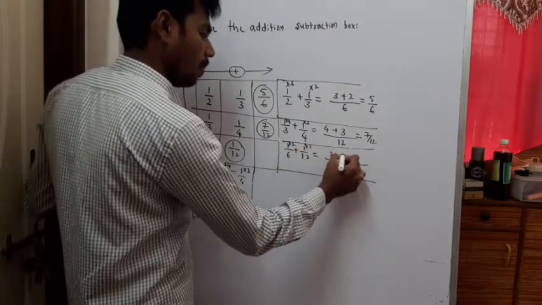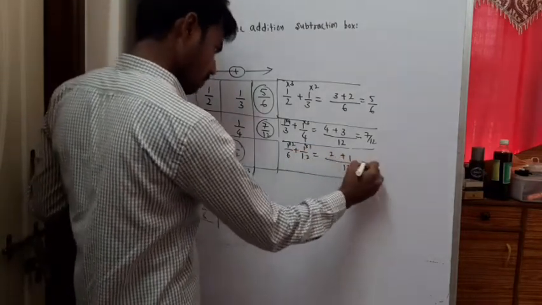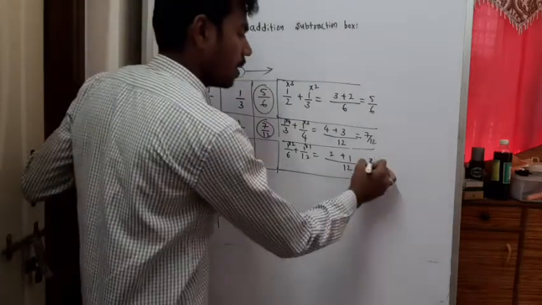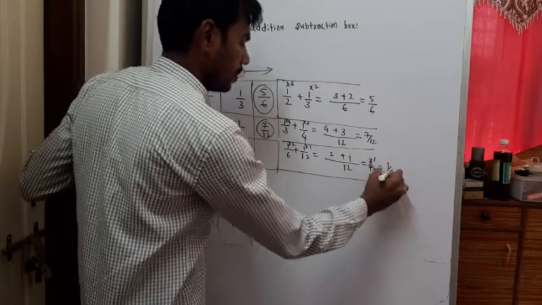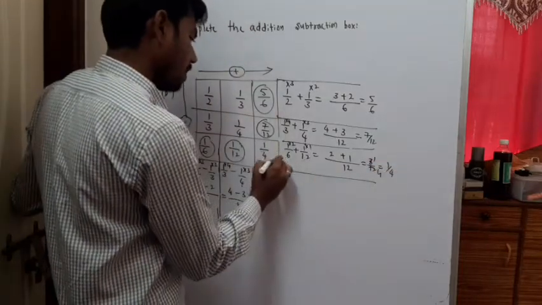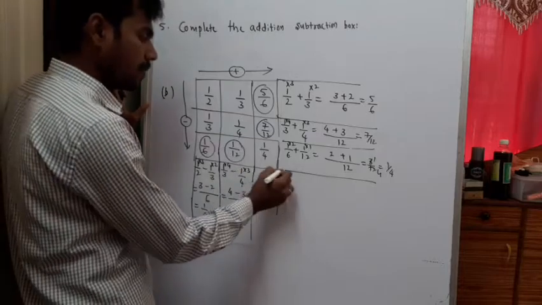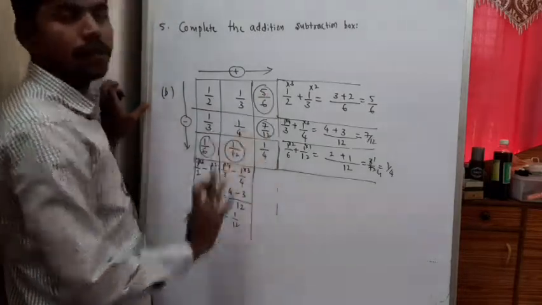So 2 plus 1, which is equal to 3 divided by 12, or else which is equal to 3 1s are 3 4s. So 1 divided by 4. Or else, even if you subtract this, you should get 1 by 4.